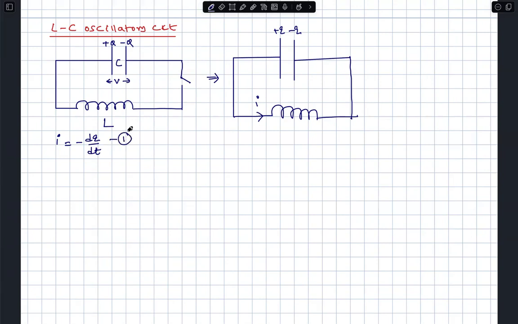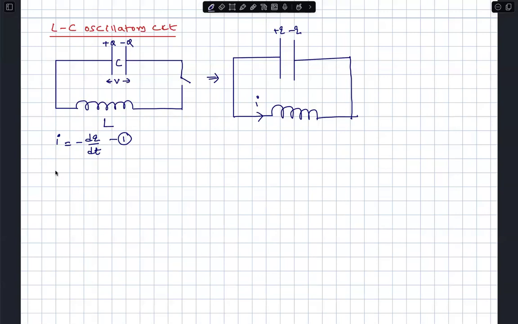Equation 1. Any doubts in this part? Students, do you have any doubt? Why have I written I as minus dq by dt? Because charge is decreasing there.